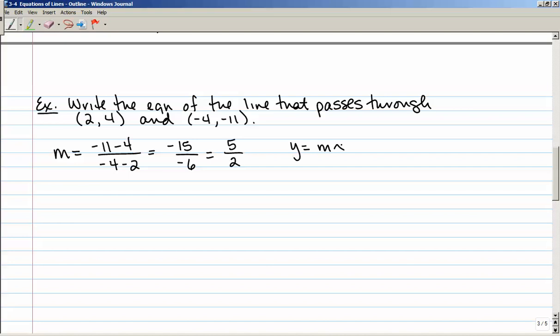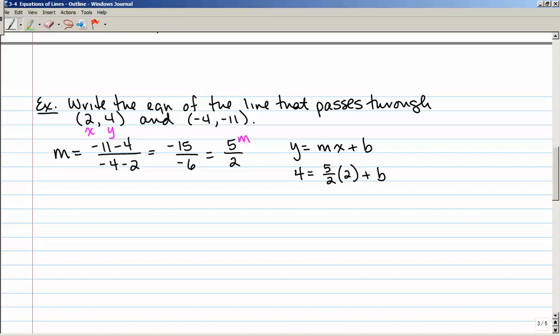A couple different ways you can do this. Let's use the slope-intercept form of the equation of the line. I'm going to plug in 5/2 for my slope, and then I can use either point for my x and my y in order to find b. I'm going to use my first one because it doesn't have any negatives in it, and I'm less likely to make mistakes that way. So let's plug in 4 for y, 5/2 for m, and 2 for x, and what I need to find is b.